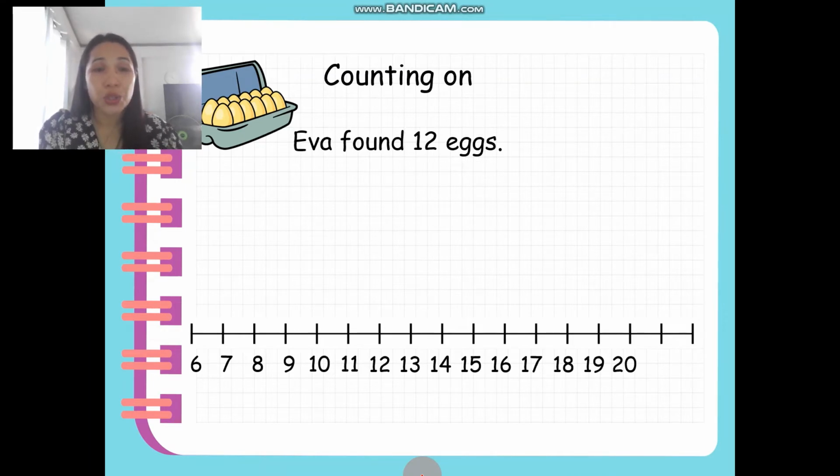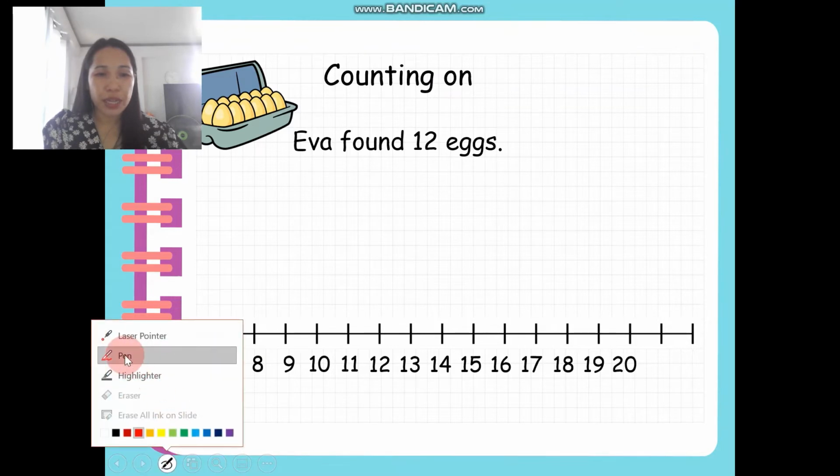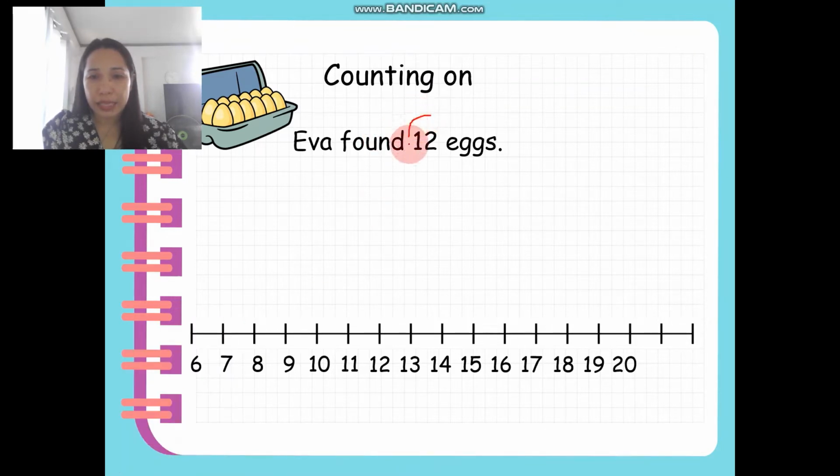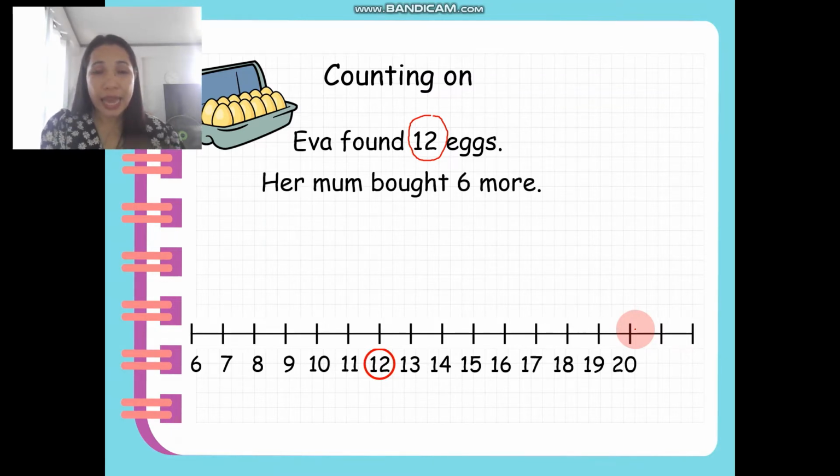Okay? Now, let's try another one. Eva found 12 eggs. Okay? So I'm going to circle that number because that is an important bit. So that's 12 eggs. So in my number line, I'm going to start with number 12. All right. And then her mom bought her 6 more.